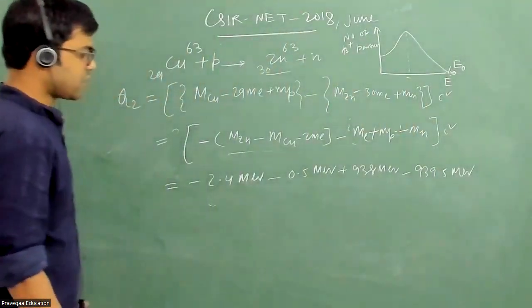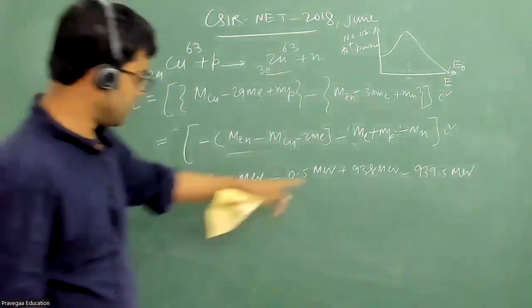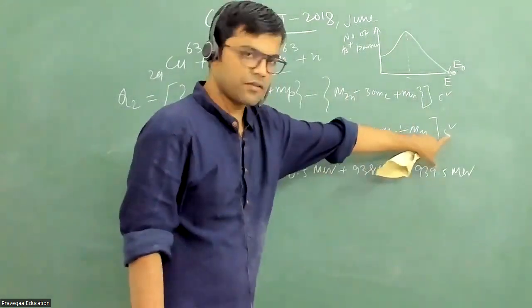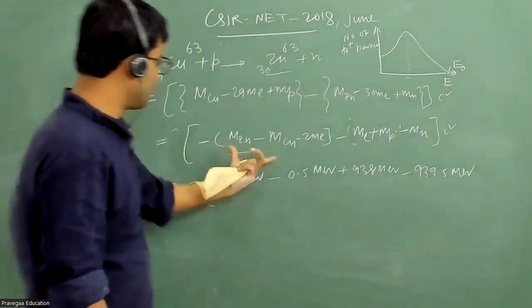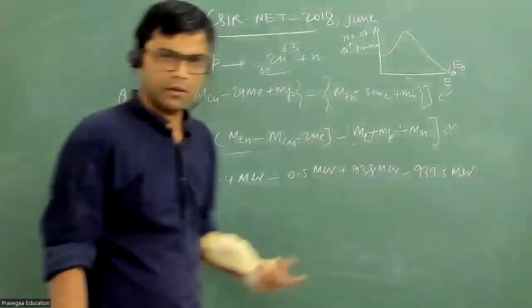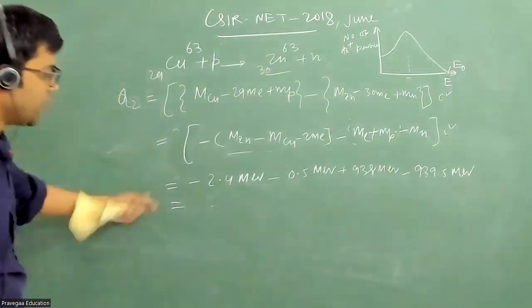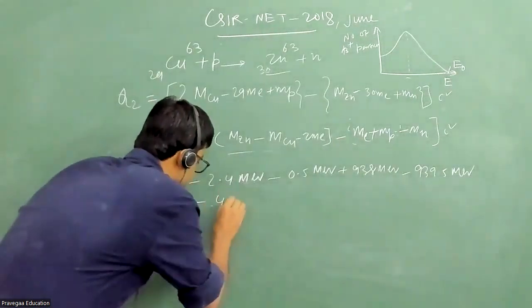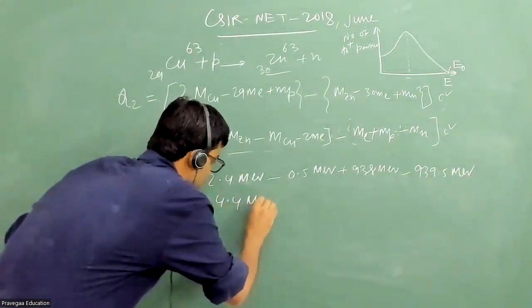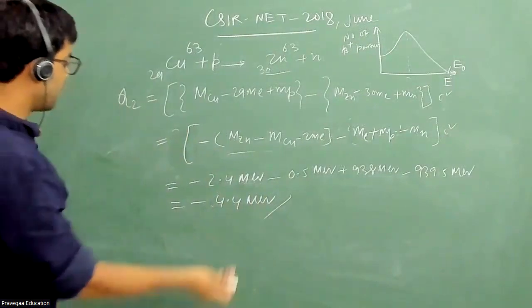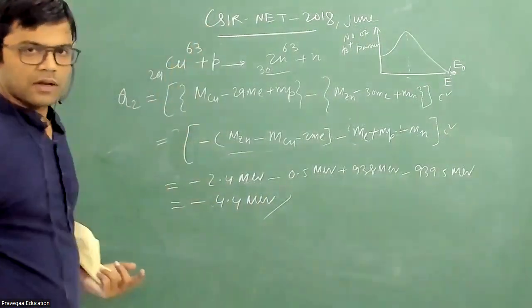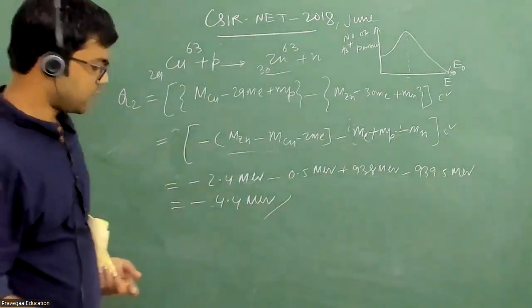I have substituted these values because everything here will be MeV per C square, and C square will be cancelled. And this value, M into C square, is minus 2.4 MeV. So if you sum them now, you'll obtain minus 4.4 mega electron volt. So this will be the Q value of this original nuclear reaction. Okay, so thank you very much.